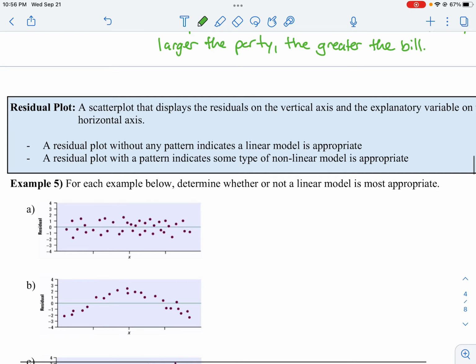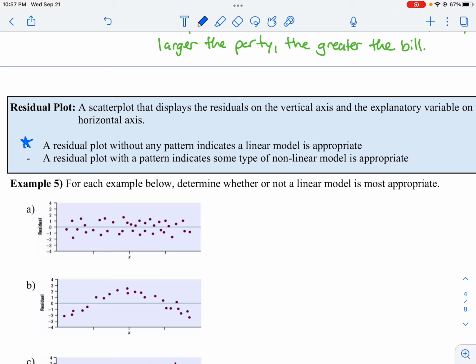A residual plot, and we want to make sure we know these rules. A residual plot without any pattern indicates that a linear model is appropriate. If there's no pattern, what that means is your least squares regression line cuts nicely through your scatter plot such that you have roughly an equal number of points above and below at an equal distance away.